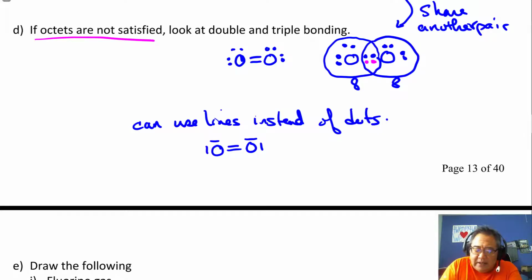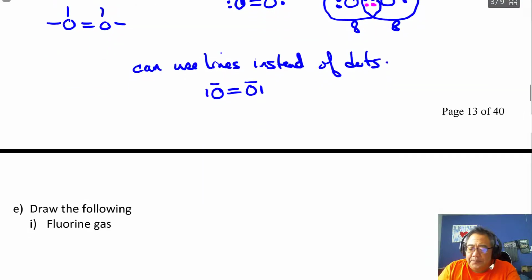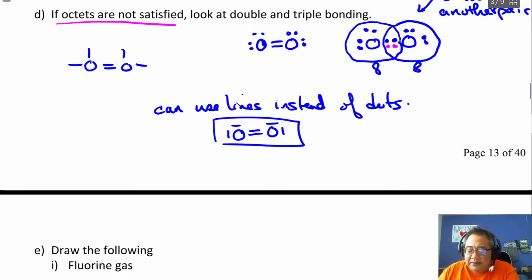So he had oxygen, and it would have looked like this. Because he knew that those pairs of electrons could be used to connect to other atoms, he kept them drawn as lines radiating out from the oxygen atoms. So this is okay, as well as these other two methods, okay?